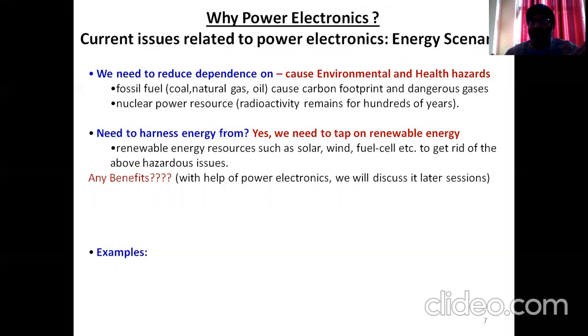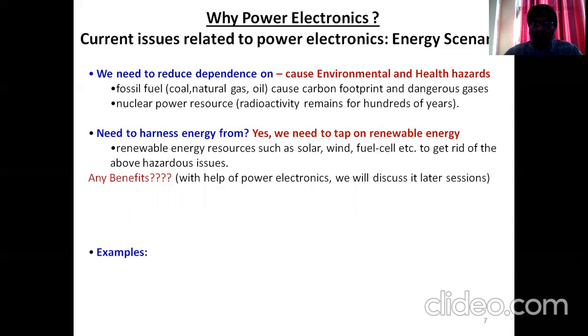We already know that thermal plants cause a lot of pollution and environmental hazards, and ultimately they take a toll on the health of human beings and living beings. At the same time, they lead to carbon footprints and dangerous greenhouse gases, ultimately causing global warming.